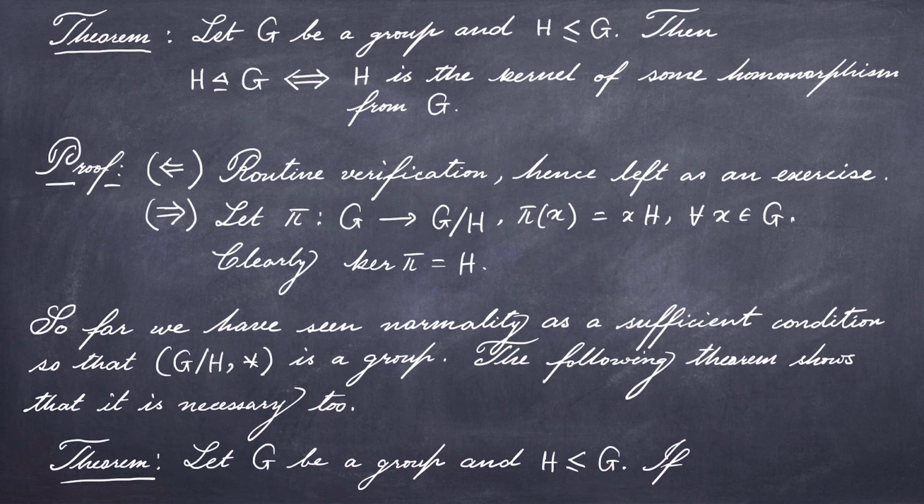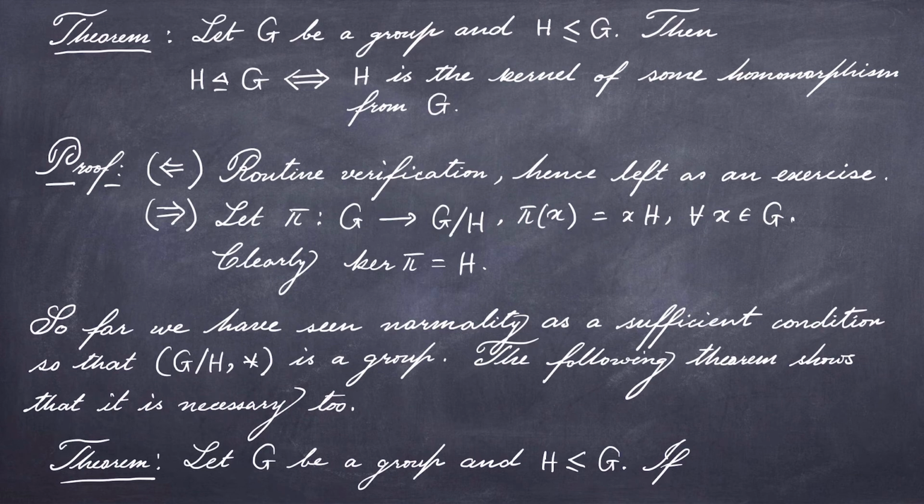So again, let's come back to what we are talking about, that is normality. We have found normality as a sufficient condition so that this becomes a group. Now it's a very natural question whether that is necessary. So the next theorem answers that.